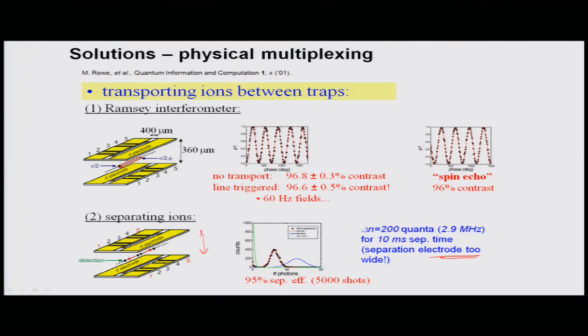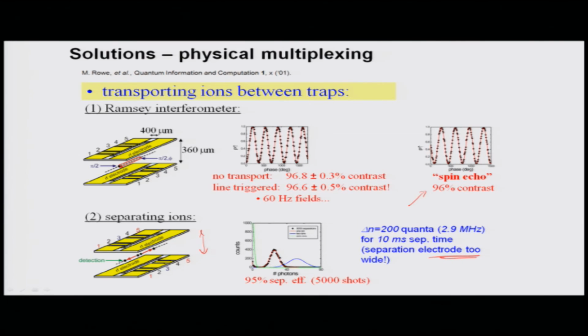And so, these are the kinds of work which have gone into these experiments to show what is the good condition and what is the bad condition. In interferometric cases, it has been shown with about 96.6% success, or transport versus the spin echo, which is one of the conditions used for seeing that decoherence is minimized, and that is with a 96% contrast ratio, which means that the coherence is maintained in terms of the transfer.